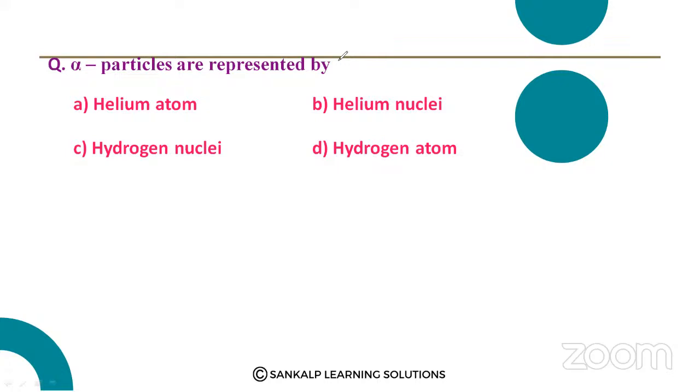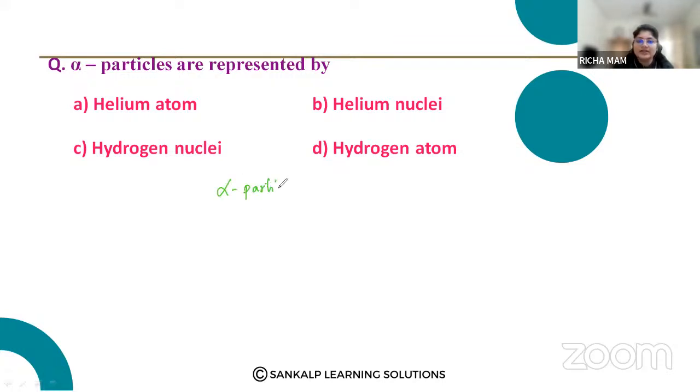Alpha particles are represented by: A helium atom, B helium nuclei, C hydrogen nuclei, and D hydrogen atom. What are these alpha particles? First of all, these are positively charged particles.